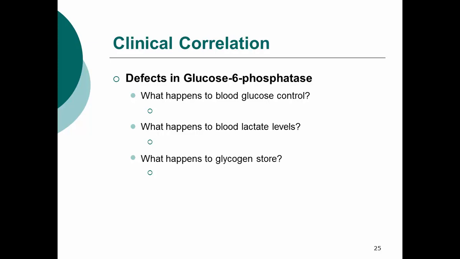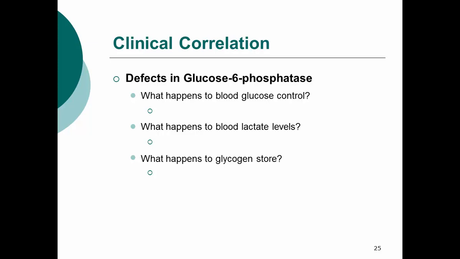Again, this is also a key enzyme for gluconeogenesis in the cytosol. This is actually the last step of gluconeogenesis in the liver or kidney, right? Blood glucose level during fasting: lower, right?